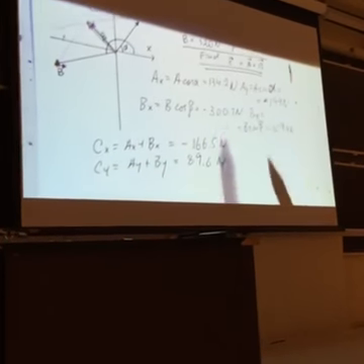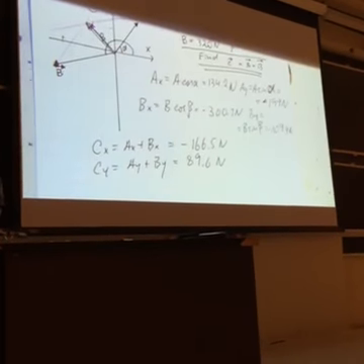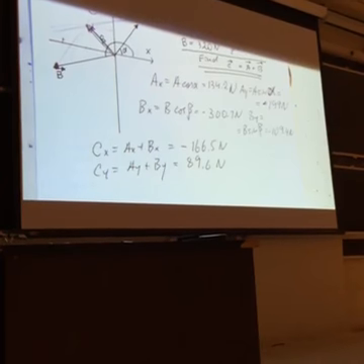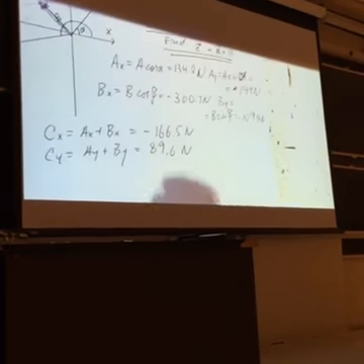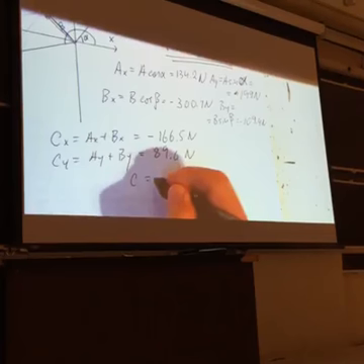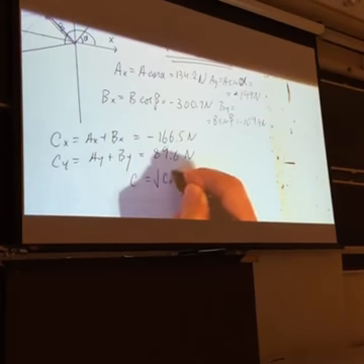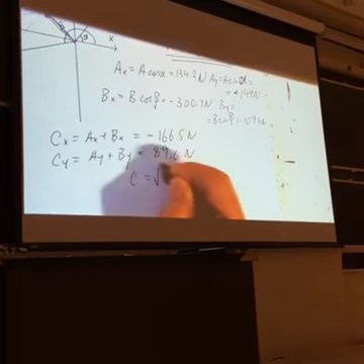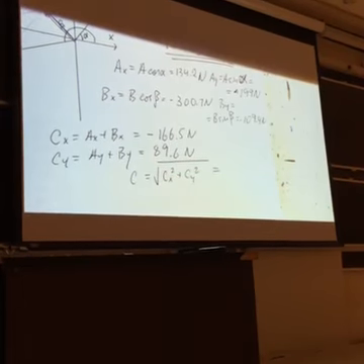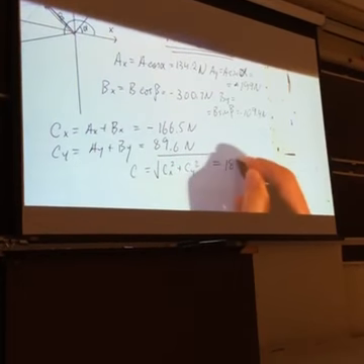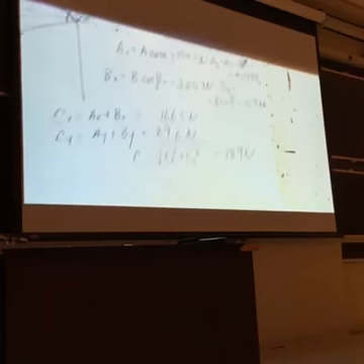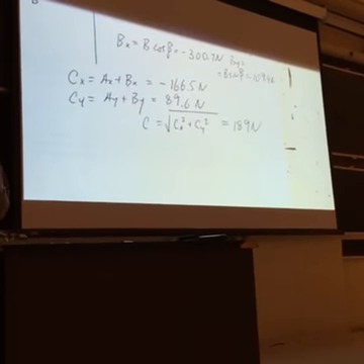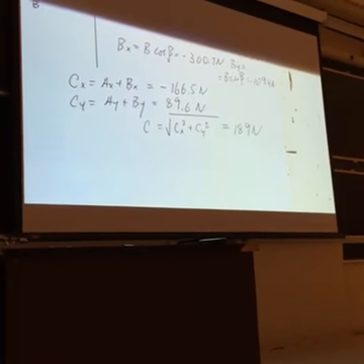And then, second part: in order to find the vector, first of all we need to determine the C magnitude, which equals the square root of Cx squared plus Cy squared. You also need the direction. The vector is not determined before you determine both magnitude and direction.